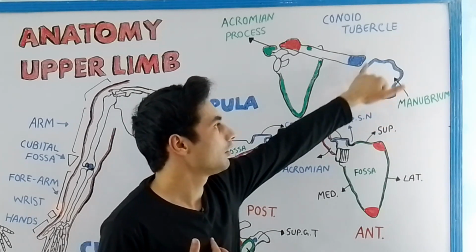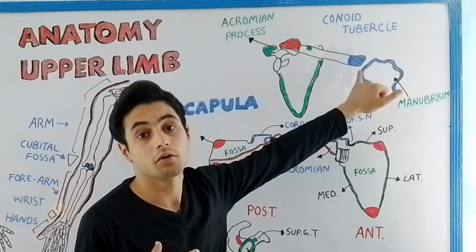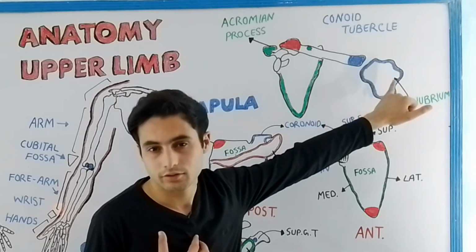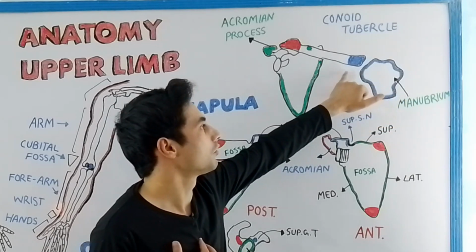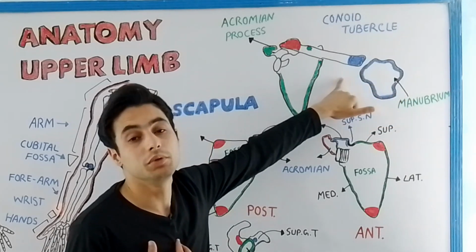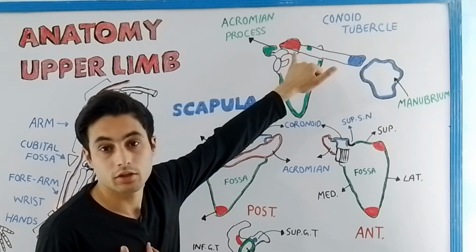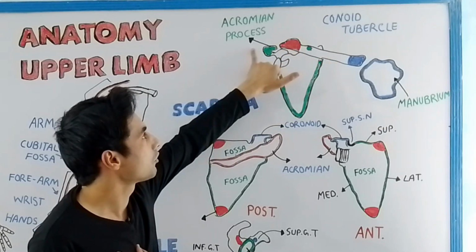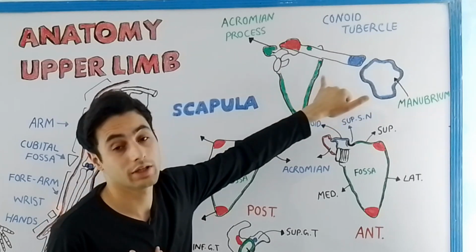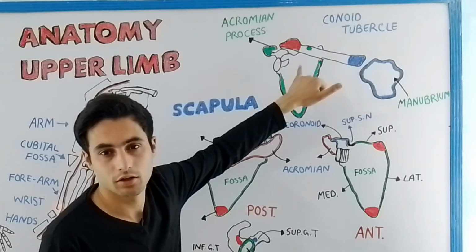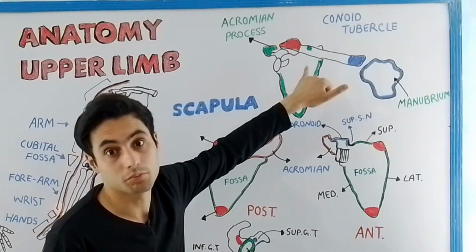So this end of the clavicle, which is forming the joint with the sternum, is known as the sternal end, which I have shown with the blue color. The other end of the clavicle is forming the joint with the acromion process of the scapula bone. So this end will be known as the acromion end.